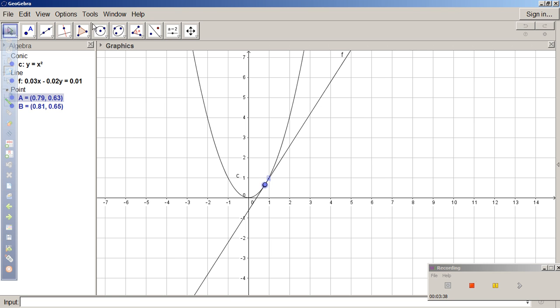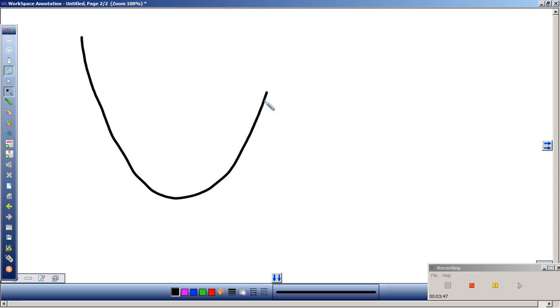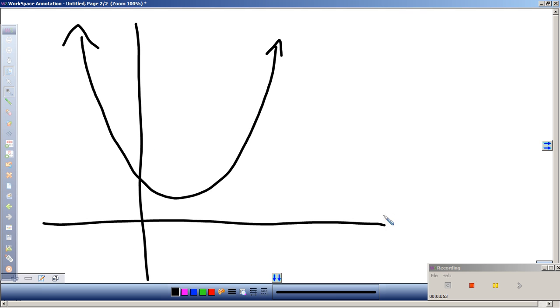So let's see. I want you to write down this part. Draw a parabola; we're just going to throw it on a graph somewhere. We'll call this x. What would the coordinates of this point be if this is the function?